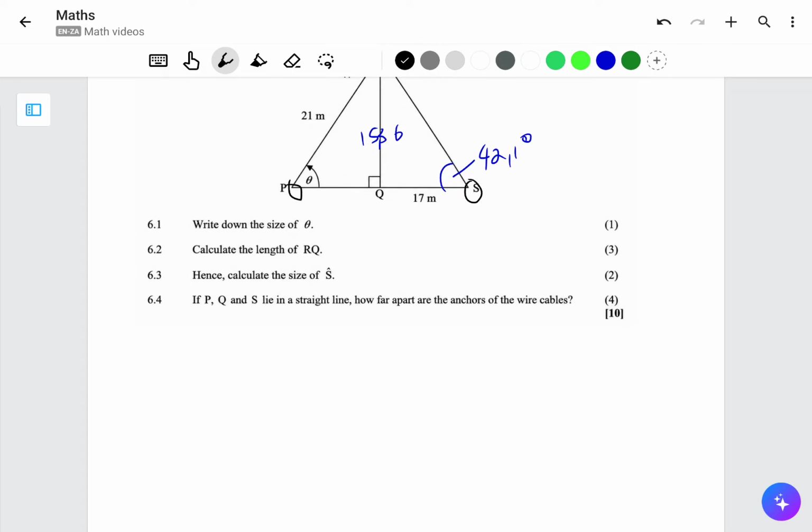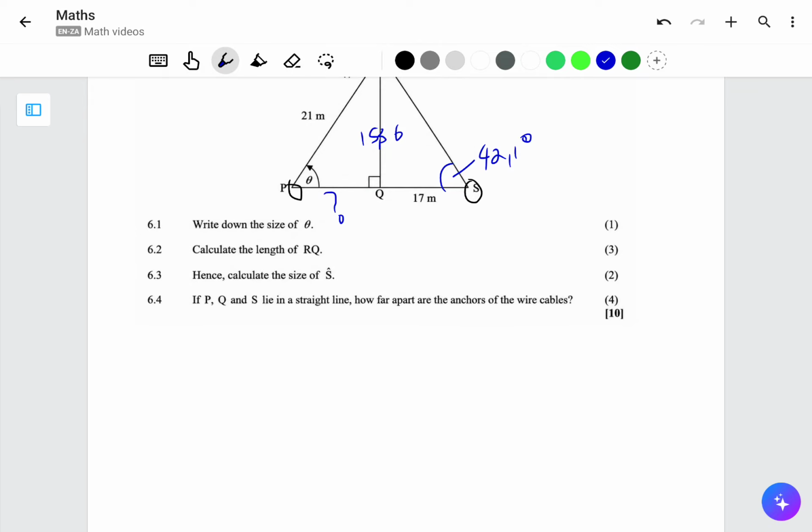We know that Q to S is 17 meters. However, this side here remains unknown, and we can go one of two ways. We can use Pythagoras, or we could use sine, cos, or tan. The easiest would be Pythagoras.